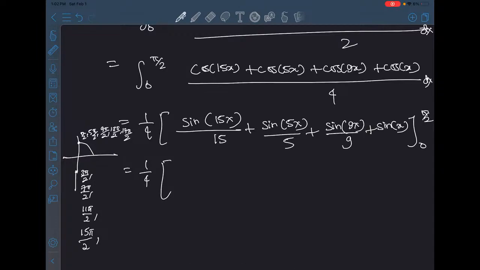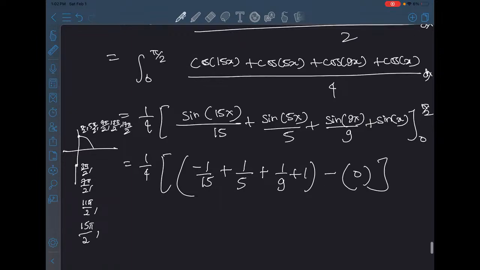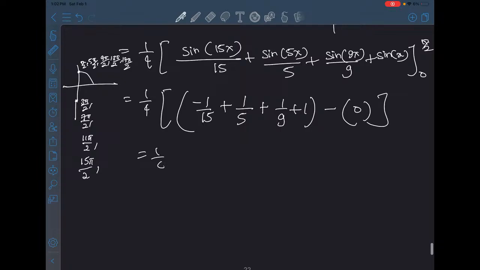So sine of 15 pi by 2 will just be -1, so -1 by 15, and 5 pi by 2 is just 1, so 1 by 5, 9 also 1, so 1 by 9 plus 1, and at 0 all of this is 0. So we get 1 by 4 times -1 by 15 plus, if we add them, LCM is 45, 9 plus 5 plus 45, right?